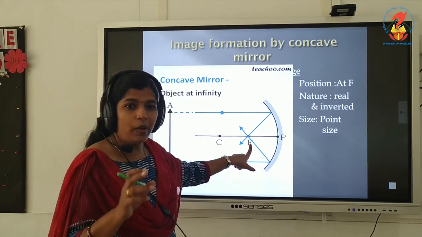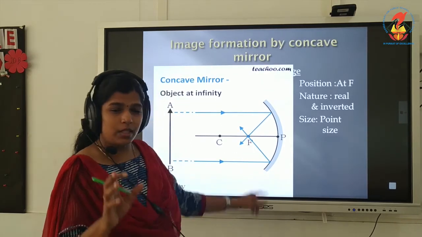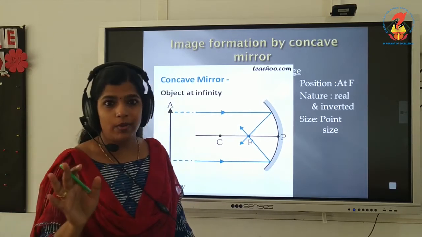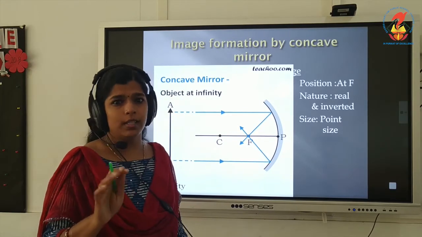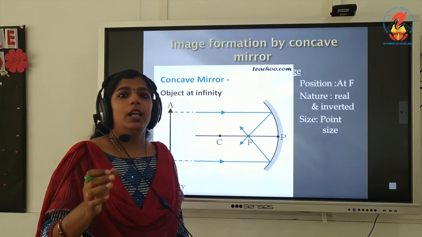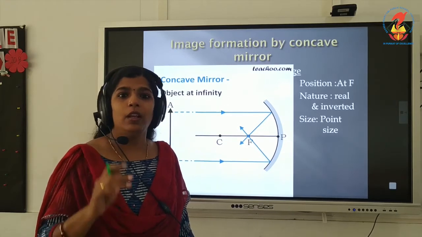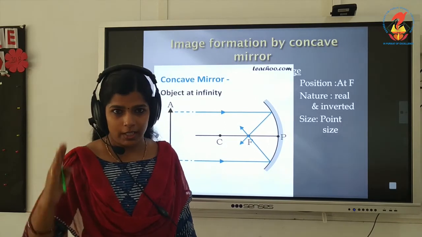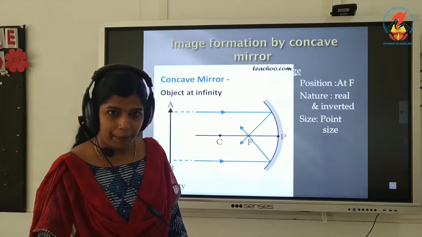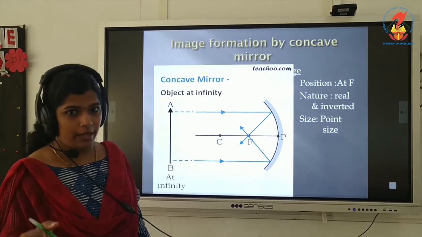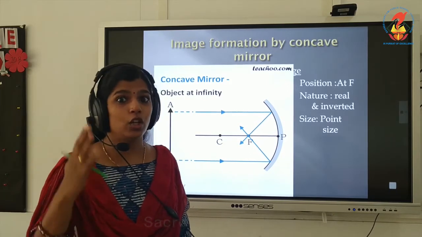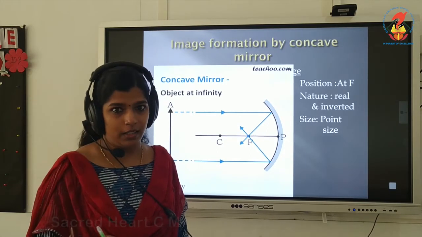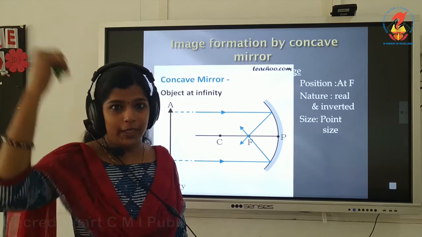The size of the image will be diminished, very small or point size. The nature of the image will be real and inverted. Real image means we will get it on a screen or on a paper, like the image of the sun or of a tall building.